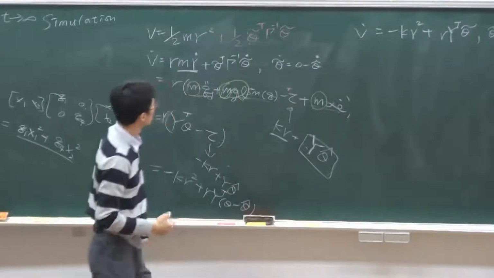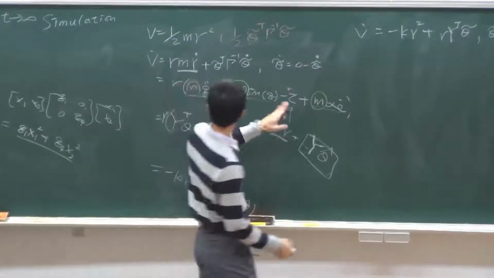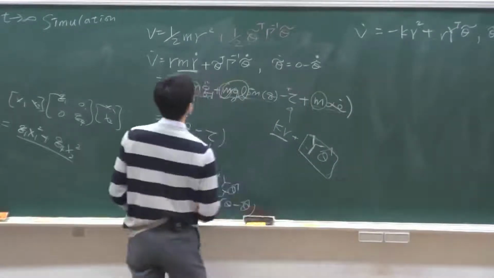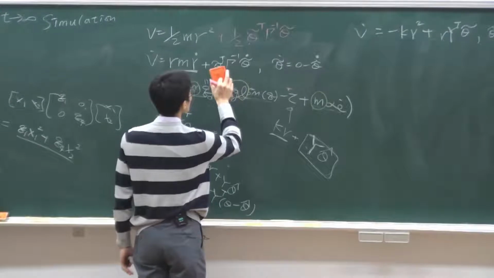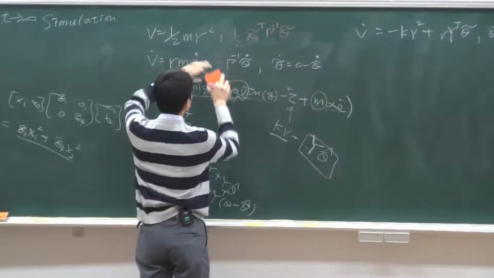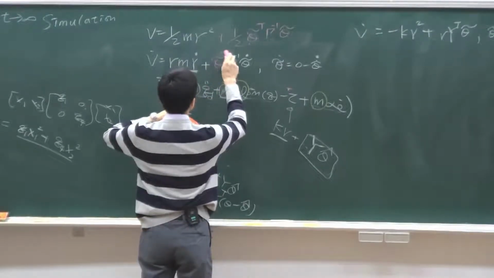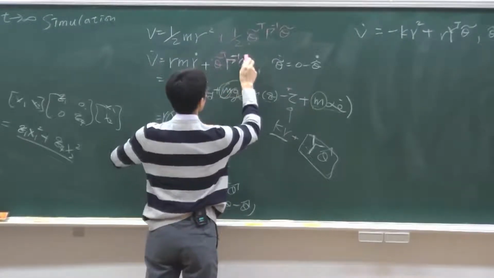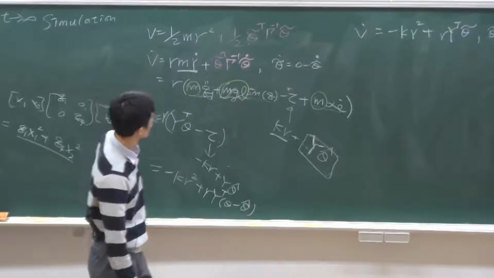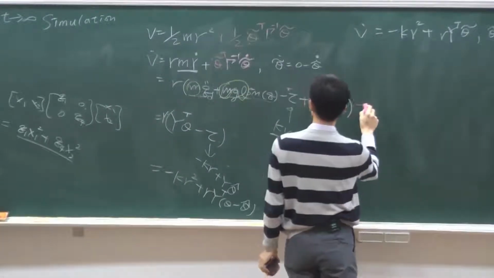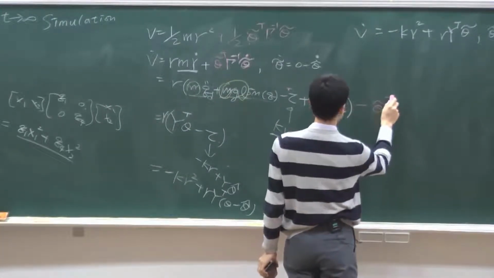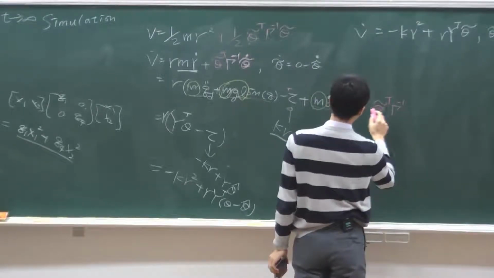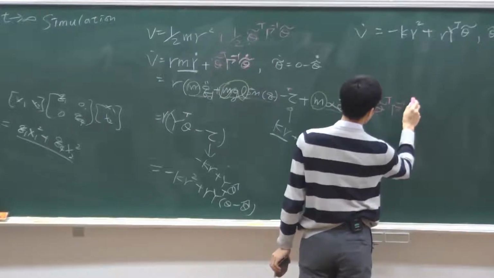Okay, and sorry, I should put theta t. This gives you theta tilde t and minus theta hat dot.